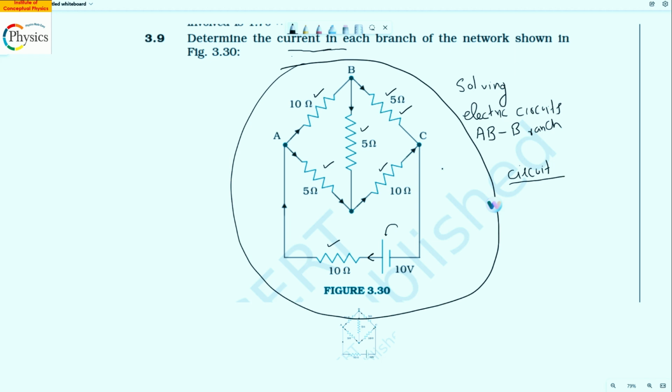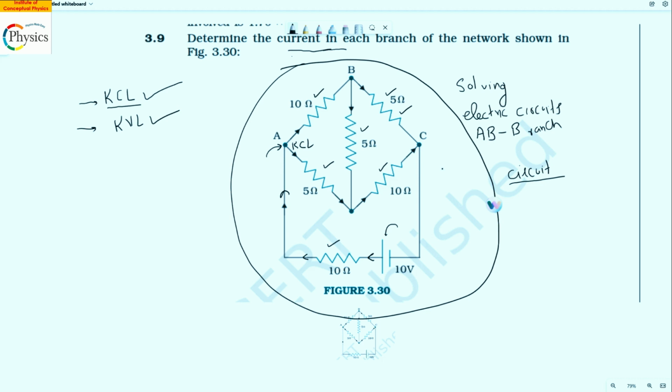All right, so the current comes in like this, and at this point, at A, the current splits as per Kirchhoff's current law, right? So the first rule you must know to solve an electric circuit is Kirchhoff's current law, and the second law used is Kirchhoff's voltage law. This is also used, right?